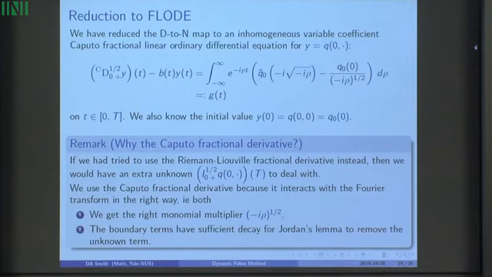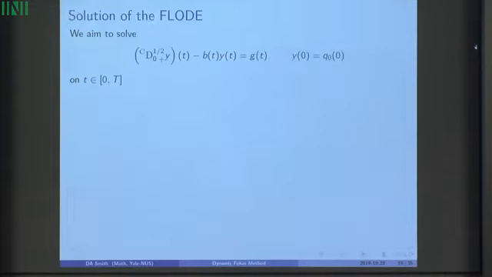This is a nice mirrored way of looking at things. So the Fokas transform method is a way of finding the right transform for your operator. Well, here we have the transform, and we want to find the right operator, the right fractional differential operator that interacts with that in a nice way. This is the way to do it.